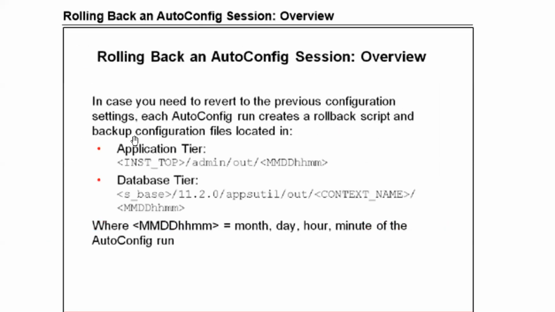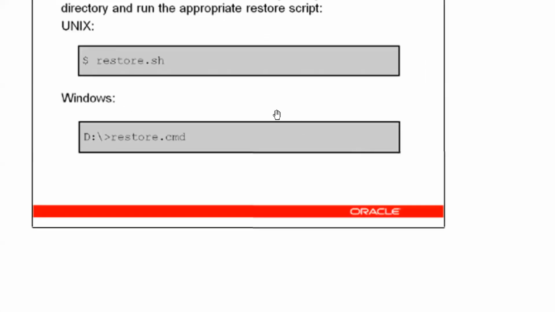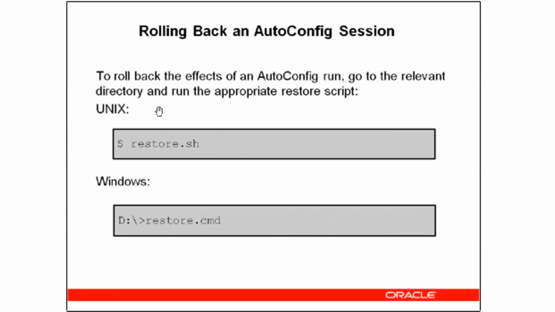So anytime you want to roll back, they have given a rollback script. You can go to that particular session and use that to roll back. Sorry, the script is called restore.sh. So you can run restore.sh and then run autoconfig.